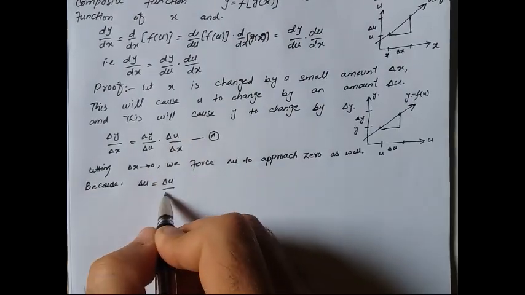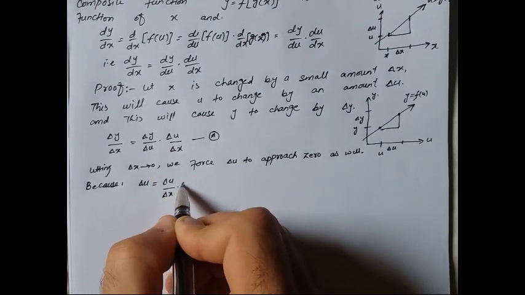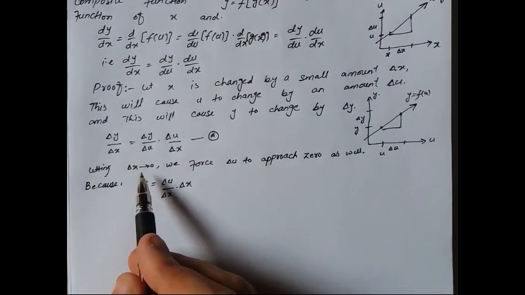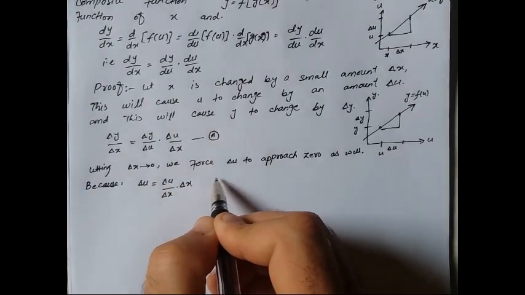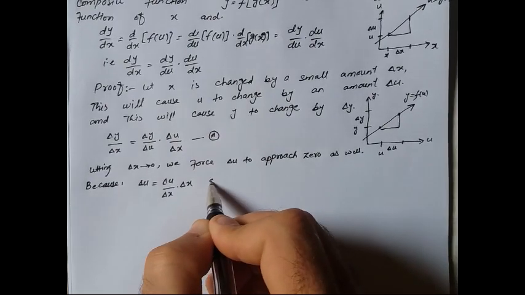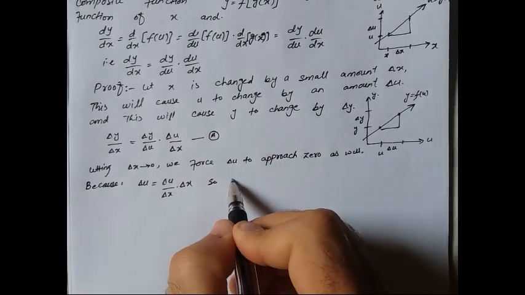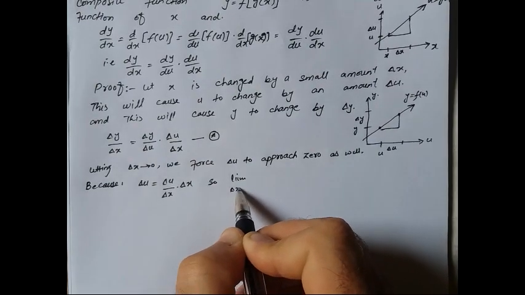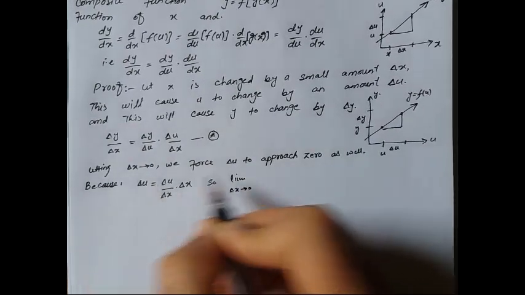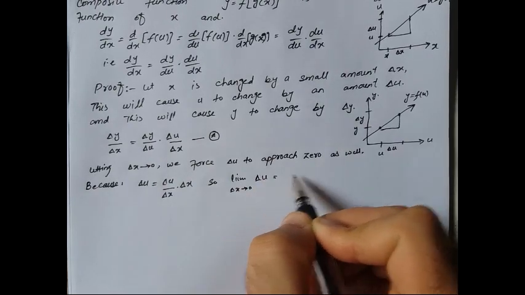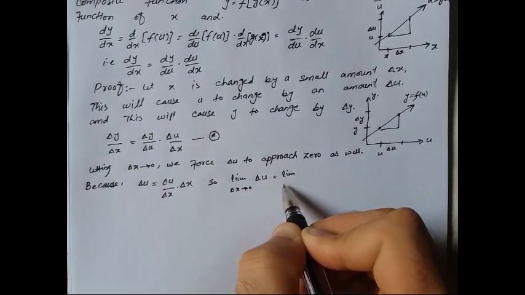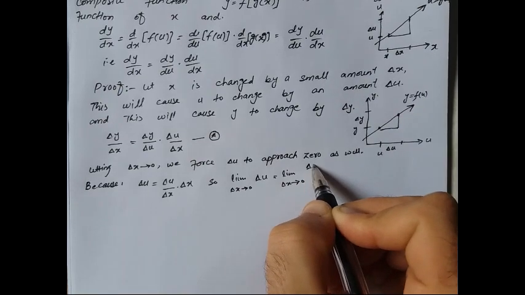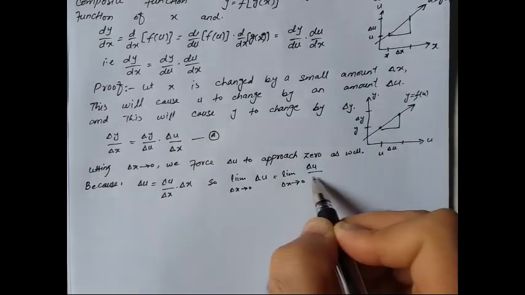Now taking this limit as delta x approaches 0 on both sides, we have the limit as delta x approaches 0 of delta u is equal to the limit as delta x approaches 0 of delta u over delta x multiplied by delta x.